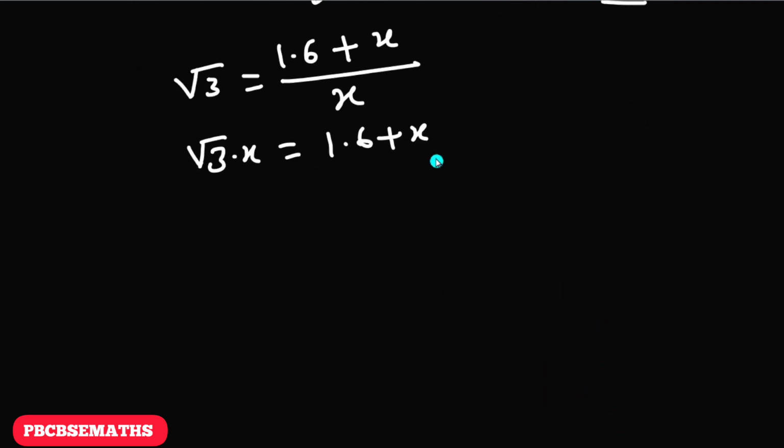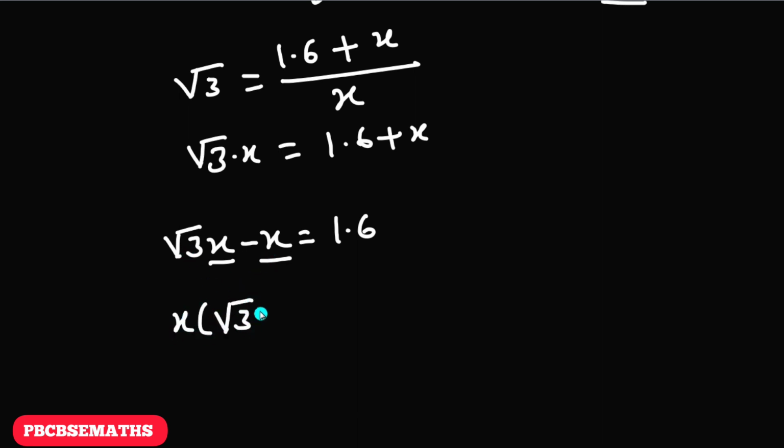Let's shift this x to the other side of the equal sign. Then we have root 3 x minus x is equal to 1.6. We can factor out x in these two terms. Then root 3 remains in the first term, and in the second term we have only minus 1, is equal to 1.6.